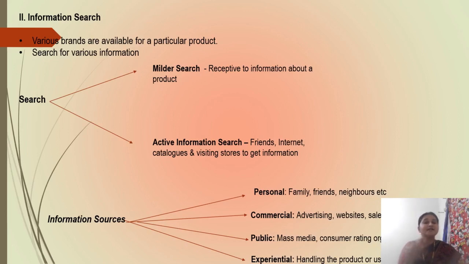He will decide to purchase that particular brand only after consulting with another doctor, only after evaluating the drug. Here in this example, the website is the commercial source and his colleague or peer doctor is the personal source. So these two sources play an important function in the information search.